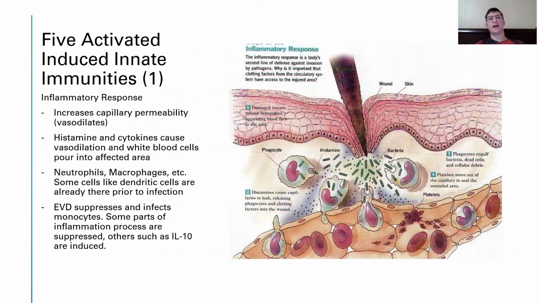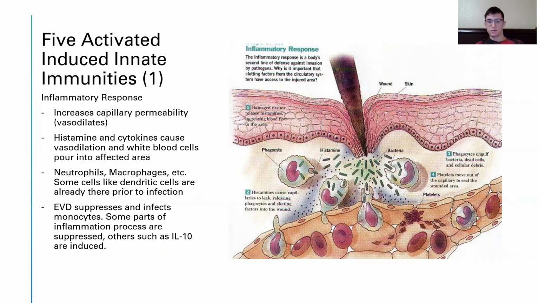All right. For the next five activated induced innate immunities, we're going to start with the inflammatory response. A couple hours go by, right? You don't really know you're infected by now. Let's say you get a cut in the skin. The body starts to produce an inflammatory response to the infection. Mast cells are going to start secreting histamines.